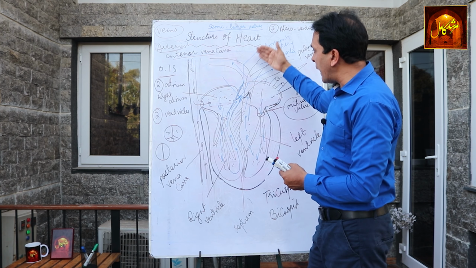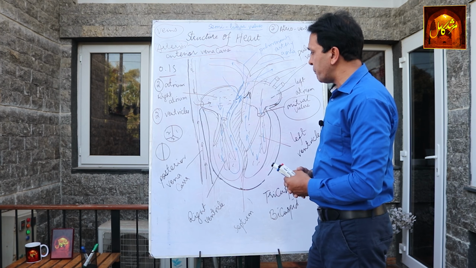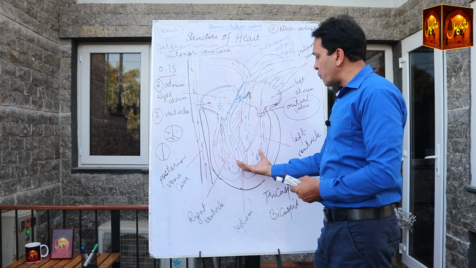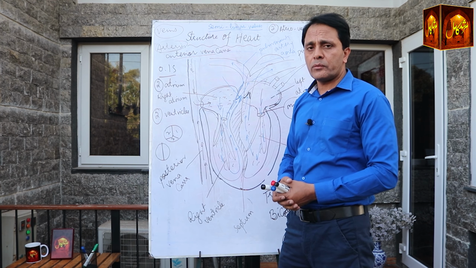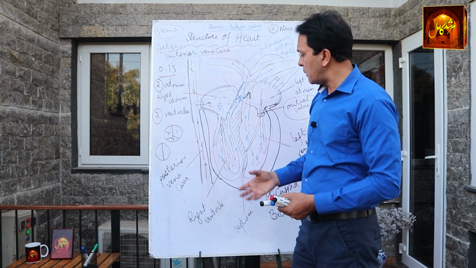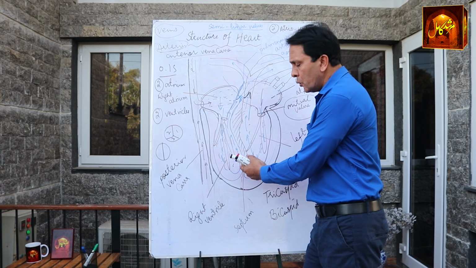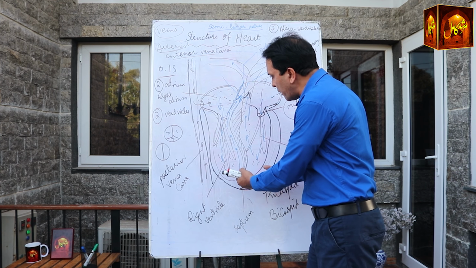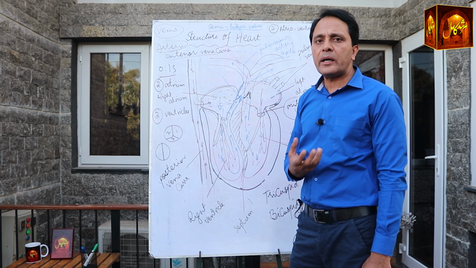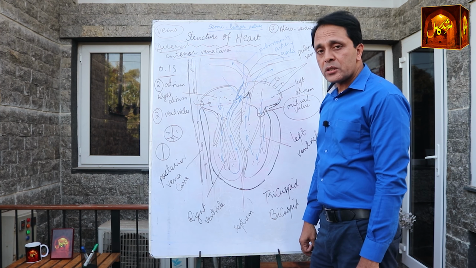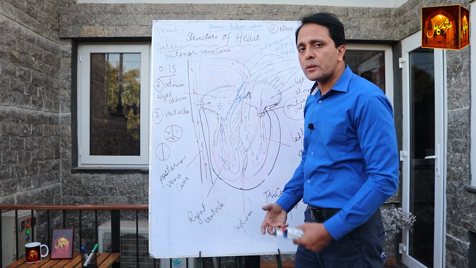So in order to keep that blood away, these valves will be closed. The same is the case when the ventricle contracts: these atrioventricular valves should be closed. Otherwise, if they remain open, when the ventricle contracts, most of the blood will flow back into the atrium. So the pressure of the heart will decrease and it will not be able to pump the blood to the whole body. So this is the main reason.